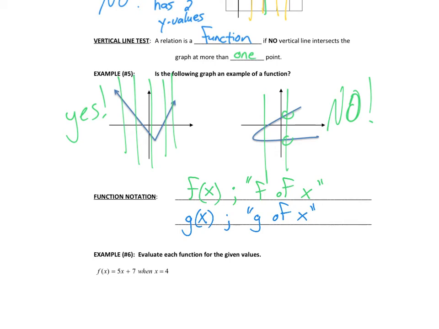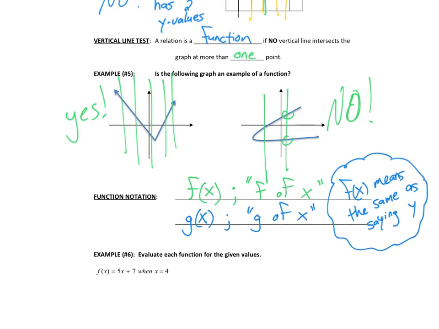And then just a little note, f of x means the same as saying y. It's used the same exact way as saying y equals mx plus b, except we say f of x. And that's kind of like a way to name a function.